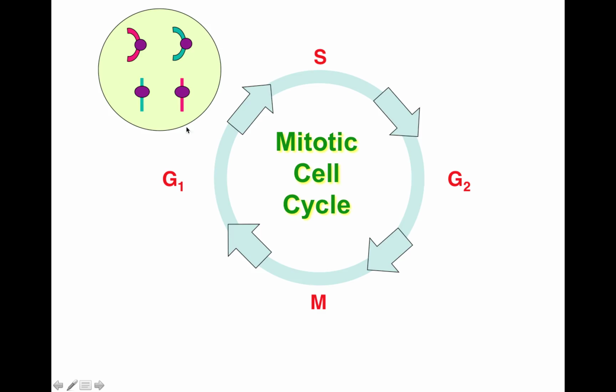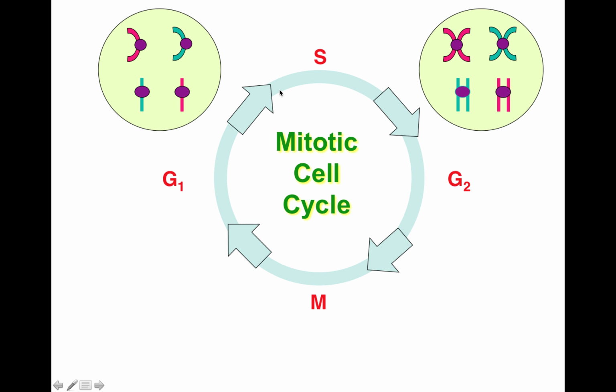Let's look at a schematic of just those events. Here is a cell that has two pairs of homologous chromosomes. There are 1, 2, 3, 4 chromosomes here, two pairs. This is one pair of homologs. This is the other pair of homologous chromosomes. After S phase, these chromosomes now have two sister chromatids because we've replicated the DNA in that original chromatid.